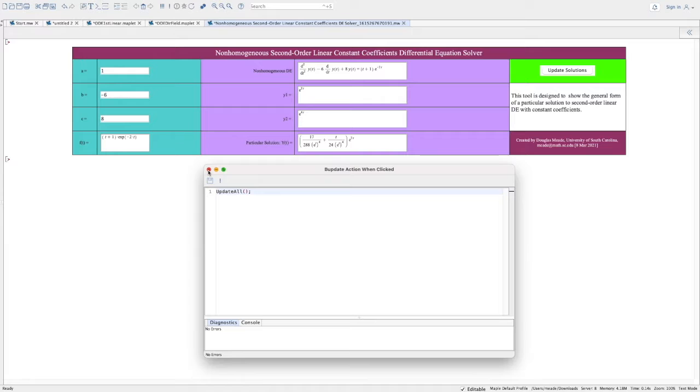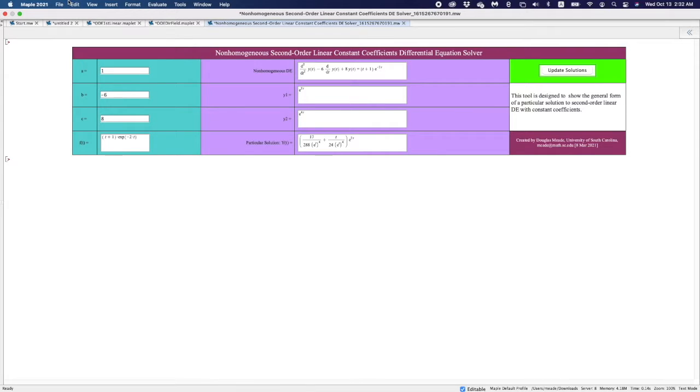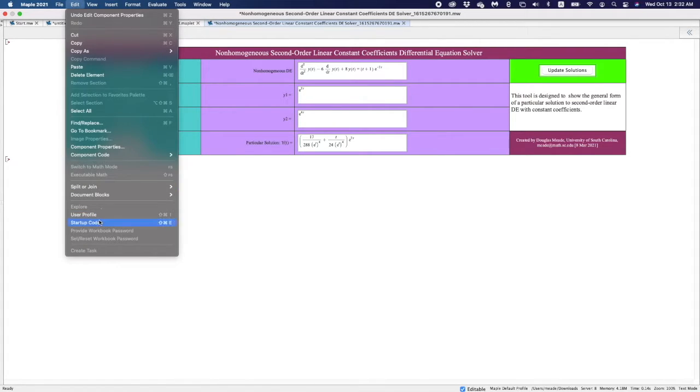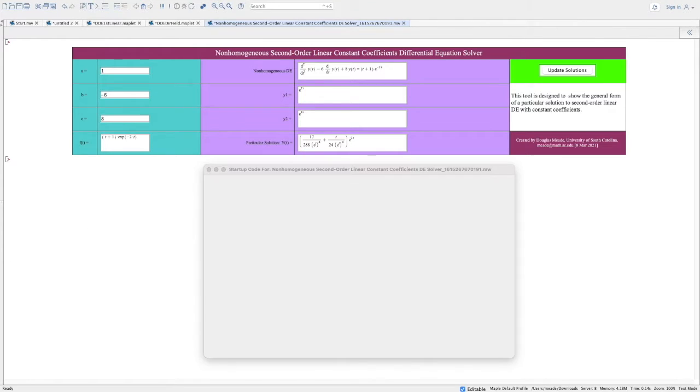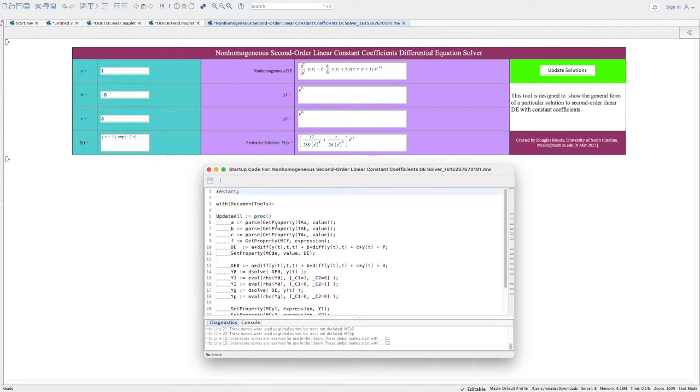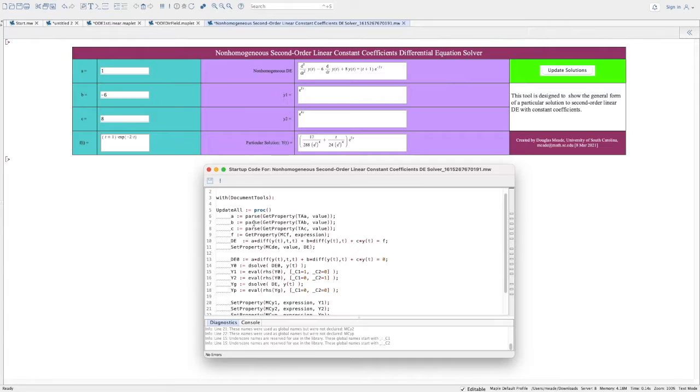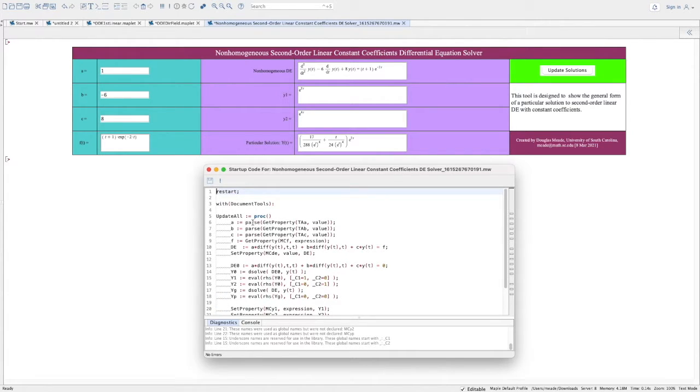So I need to close this, and now I can come up here and look at the startup code. This has some Maple commands in it. It's not all that long or complicated here. We start by clearing the Maple memory. We load the document tools package, which has a number of resources for working with embedded components.